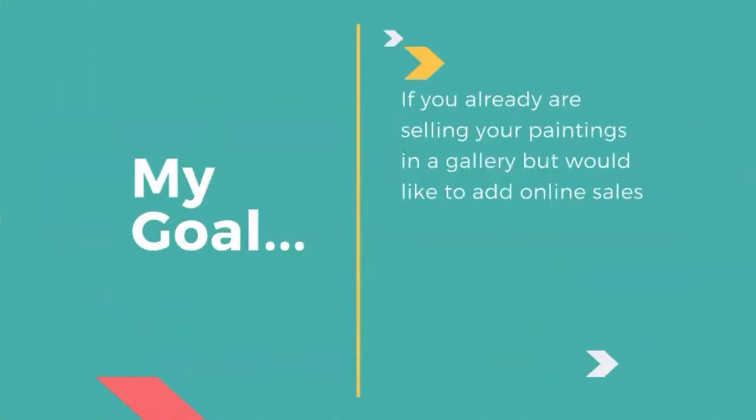So think about some of the different legs or income streams that you could add in addition to working with a gallery. It could be selling your work online on your own website. It could be selling your work on one of the online sales platforms. There are all sorts of different ways that you can market yourself online and build an audience online.